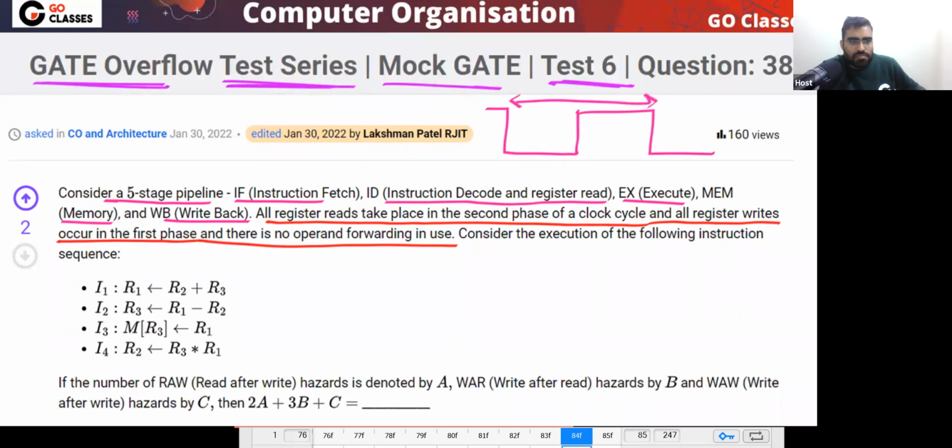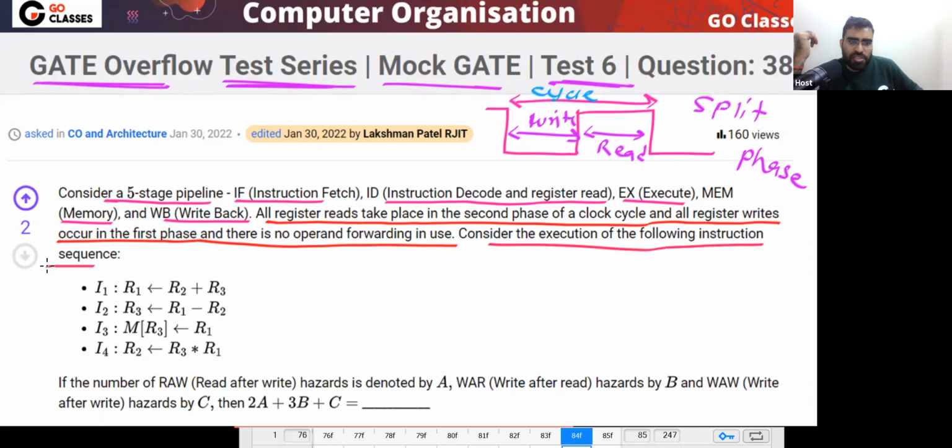The question is very beautifully framed; every piece of information that you need to solve this question is given to you. But there is no operand forwarding. We cannot use any operand forwarding.